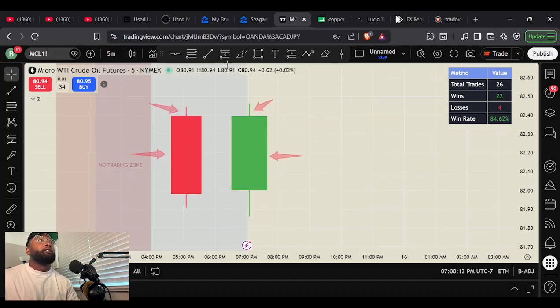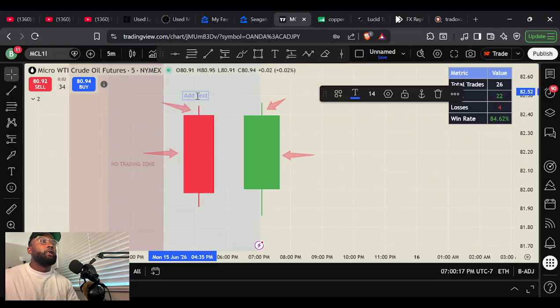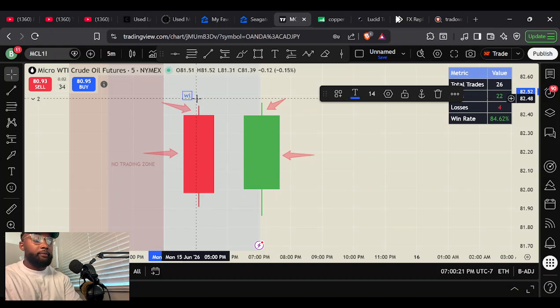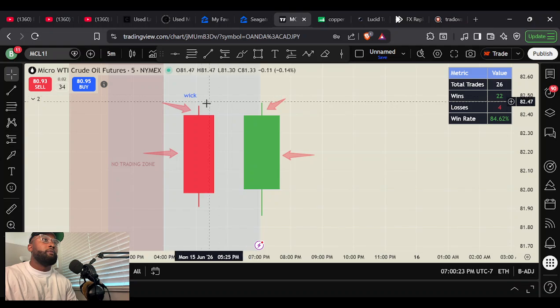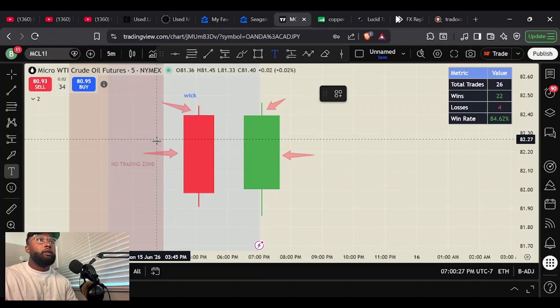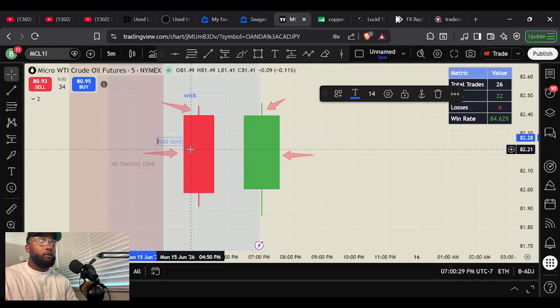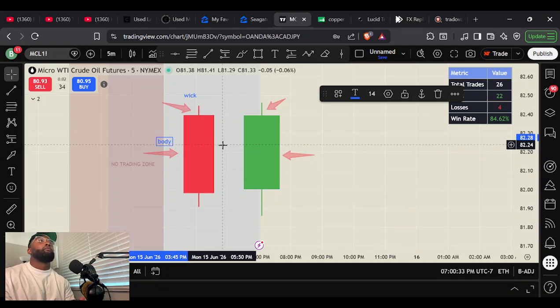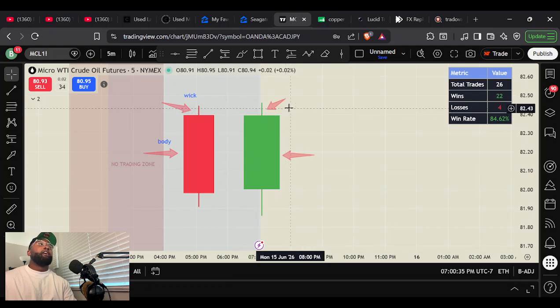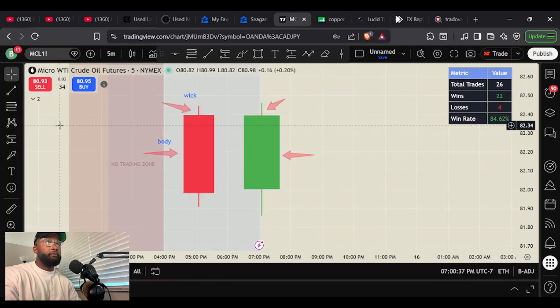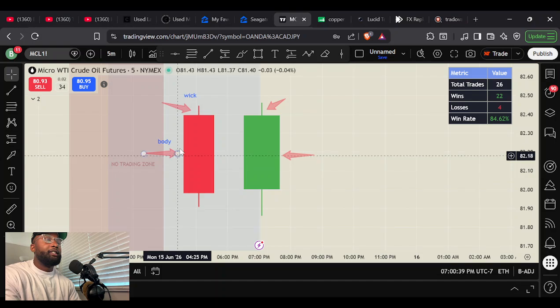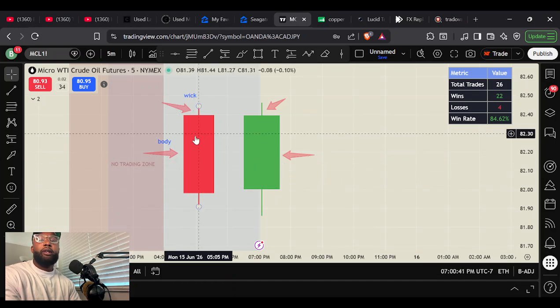So anyways, right here we have the wick. Right here we have the body. Obviously it's the same for this side. The only difference is where they open and where they close.